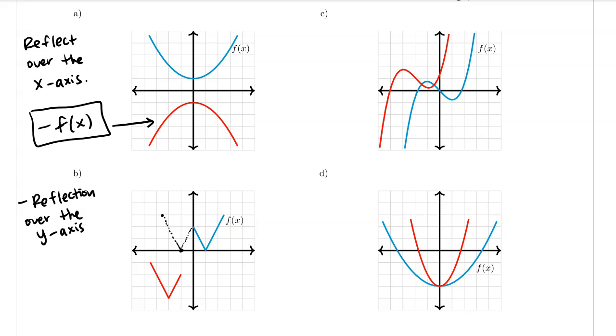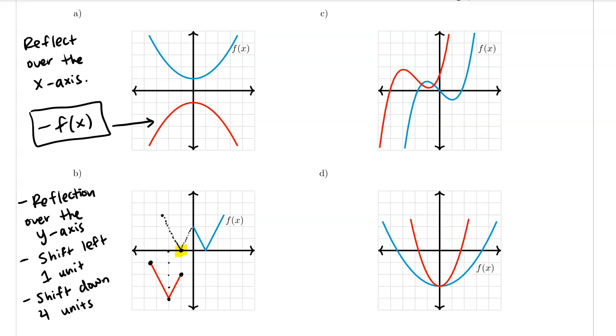And then it looks like we have some shifts happening. I'm going to follow this bottom point right here. It's moving left 1 unit, and then it's moving down 4 units, and then it's ending there, and so are all the other points. So the next step we could say is that we shift left 1 unit, and then we shift down 4 units.